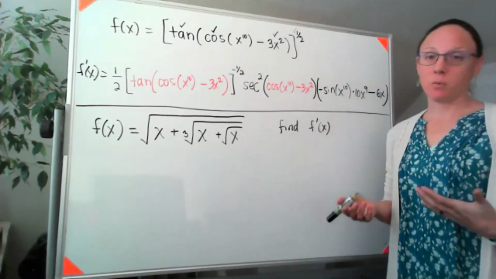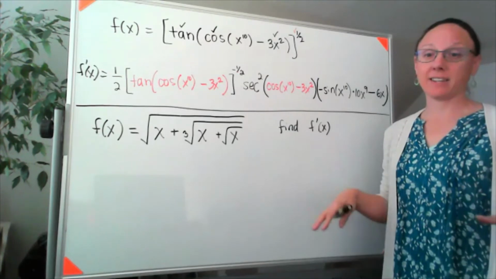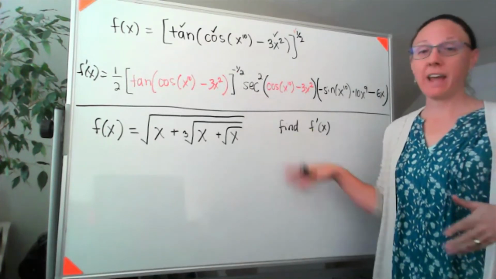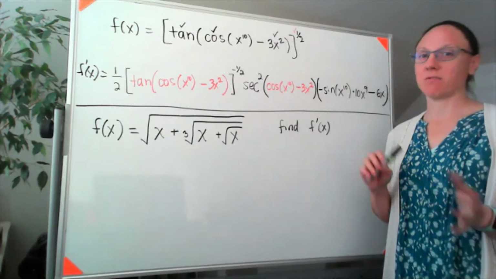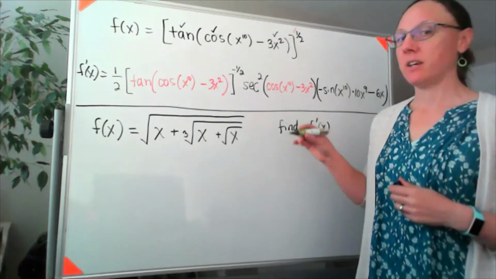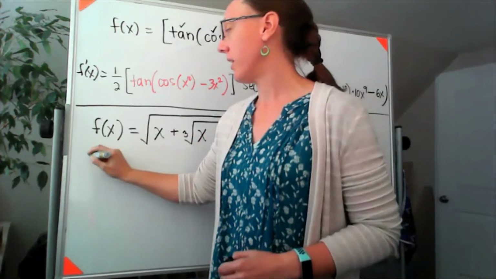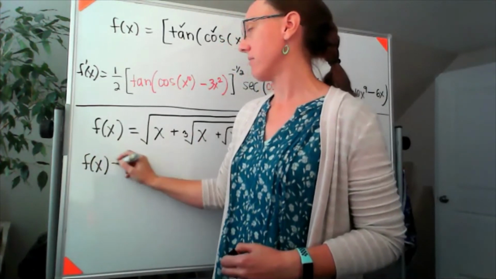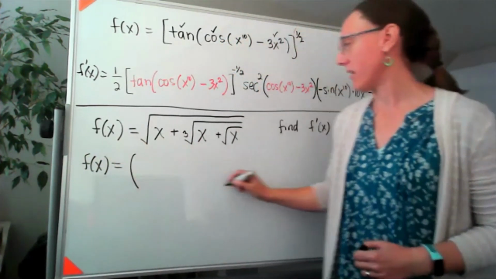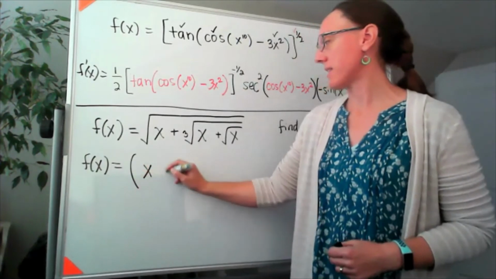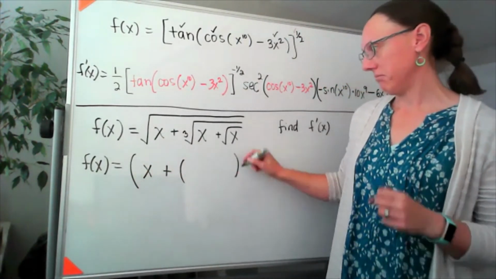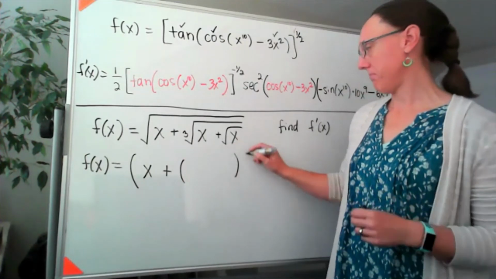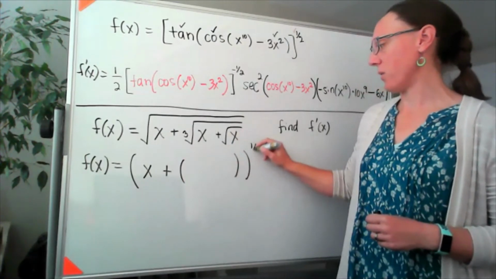So the first thing that I want to do, and this is true anytime we have roots or radicals in the problem, is we want to rewrite those as fraction exponents. So the first step here is to rewrite this to say x plus some stuff, whole thing to the 1/2 power.